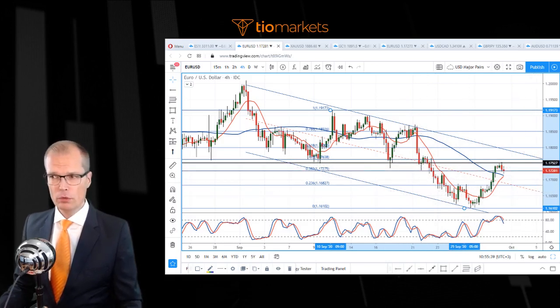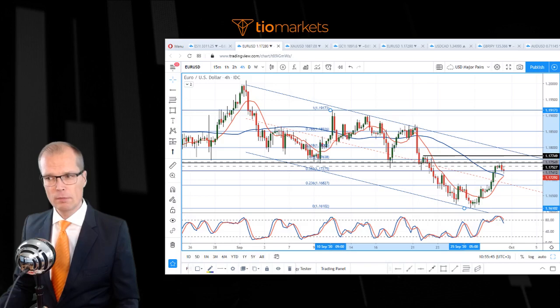Now, obviously, because we have different people trading these markets, they are looking at different levels. So we have, first of all, a cluster of Fibonacci's here, and we have this recent high which was formed when the market attempted to move higher but failed.